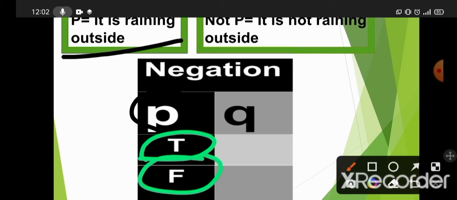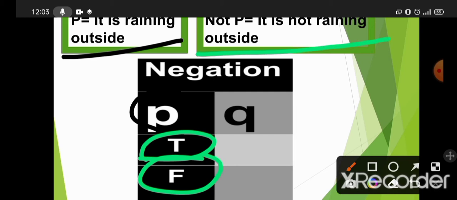So let's go to the negation of a statement. It is called not P. It's the statement that contradicts P and has the opposite truth value. Not P is equal to it is not raining outside.